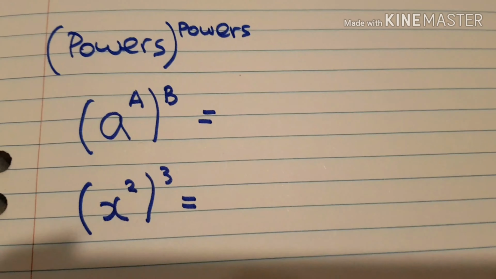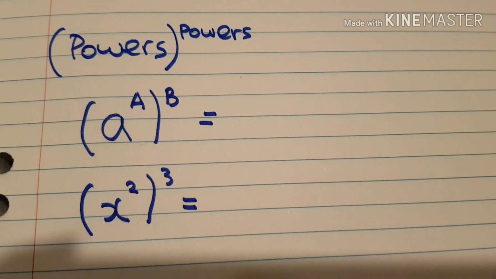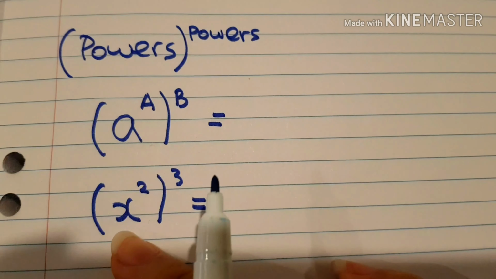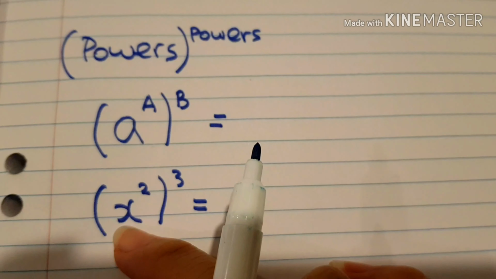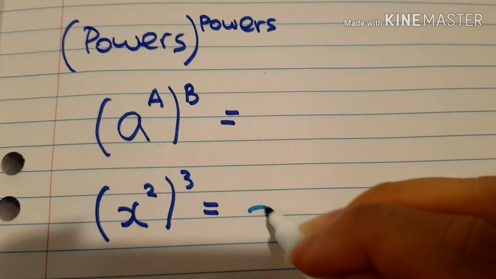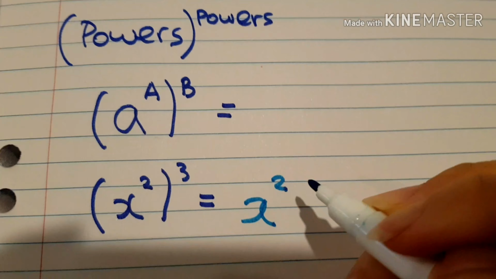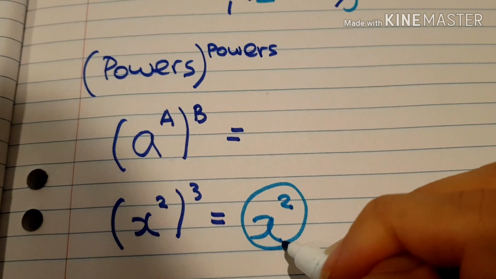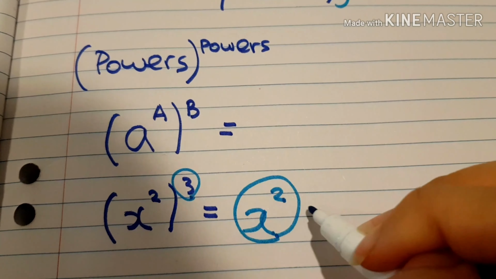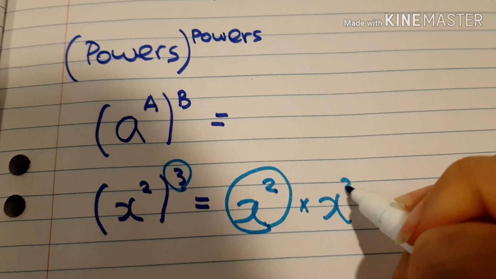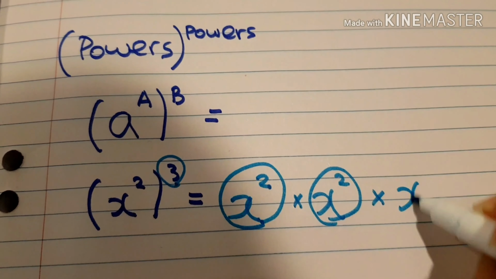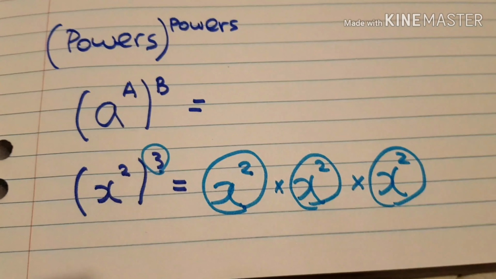If I have x to the power of 2 to the power of 3, the second example, what does that mean? I have x to the power of 2, and how many times do I have that? Yep, I have it 3 times. Like that, right?